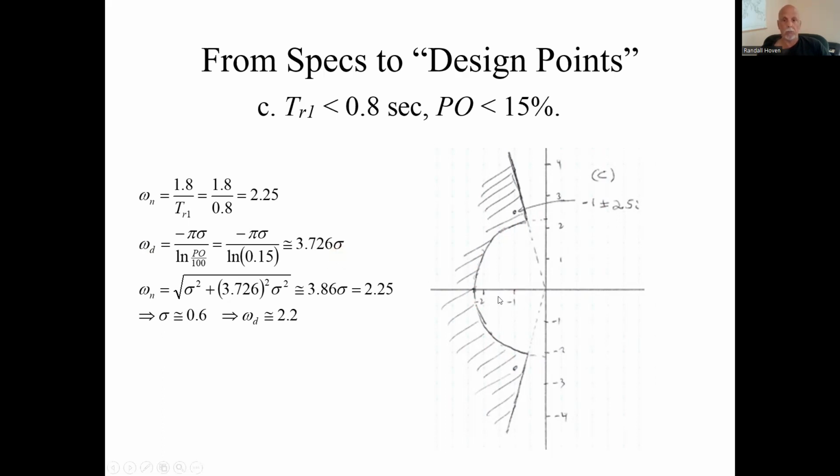Then it would say, if I pick 1 for sigma, omega d would be 3.726, somewhere up here. I just need a point, and then I draw a line through it and the origin. I have that line and that circle. The allowable region is to the left of that contour. If I want this point exactly, I do a little bit more algebra.